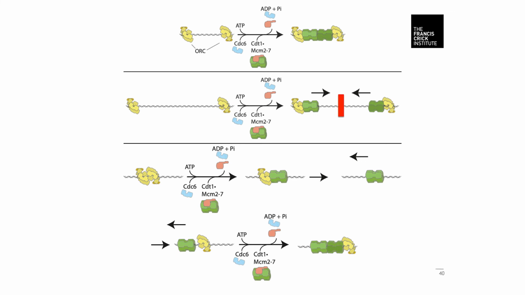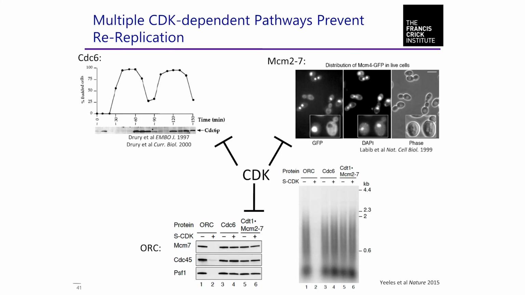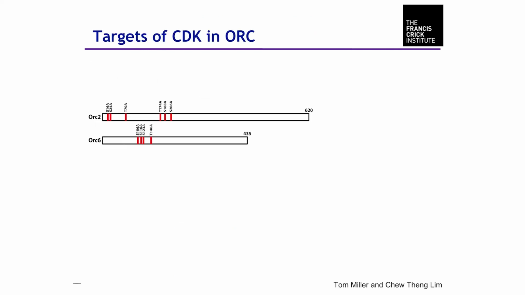And this turned out to be quite interesting to us because of this thing that I've shown you already, that ORC is inhibited by CDK phosphorylation. So we started to look in a little more detail into how CDK inhibits ORC's MCM loading ability. We knew two of the subunits of ORC, ORC2 and ORC6, have CDK phosphorylation sites, and we can make mutants that block phosphorylation.